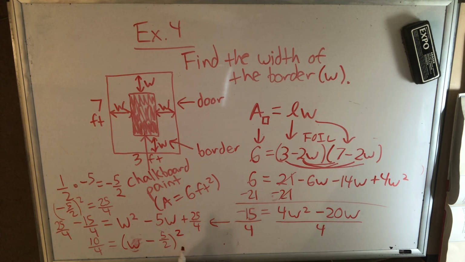And now, since the square has been isolated on one side of the equal sign, to get rid of it, we can do the opposite and take the square root of each side. Okay, so the square root of 10 over 4, 10 over 4 can be simplified to 5 over 2 by dividing both top and bottom by 2. And now we have plus or minus square root of 5 over 2.